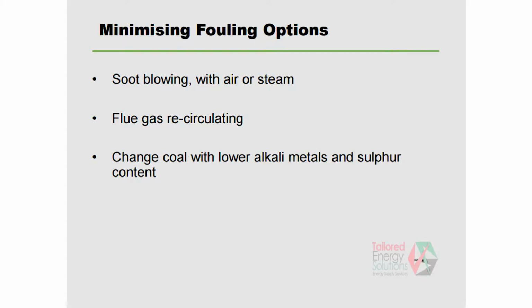To minimize fouling, the options are: remove the ash with the soot blower; use flue gas recirculation, putting part of the flue gas back into the boiler to lower the temperature and minimize vaporization of the sodium condensation; or change your coal to one with lower alkali and sulfur content. Those are the options.